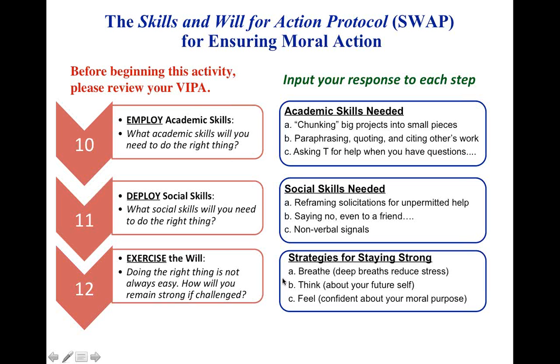What about the social skills? If I know I'm going to be facing some temptations from others to help them, then how can I reframe that in a way where I don't help my friend cheat, but I still help them in some way, and I'm even using nonverbal signals that you're not willing to go along with cheating.